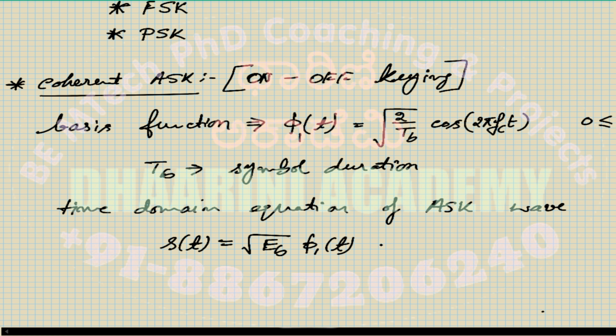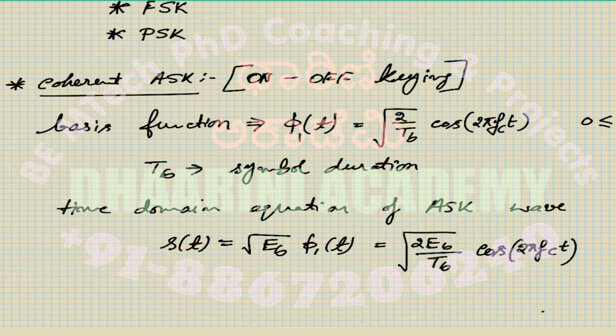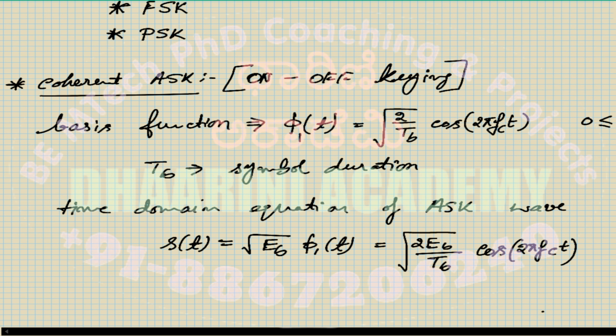So this becomes equal to, now, the root EB I'll multiply to the above equation to get the square root of 2 EB by TB into cos of 2 pi fct. Again, we know that there is a condition saying that 0 less than t less than or equal to tb. Right, now we'll write the constellation as well.